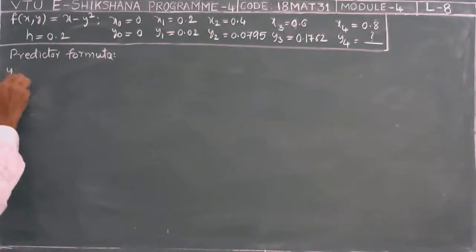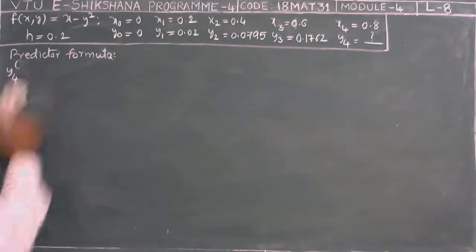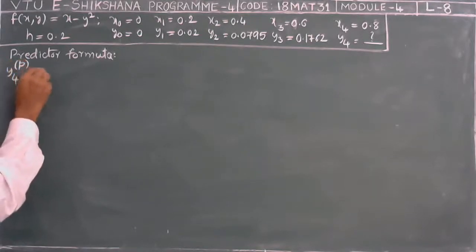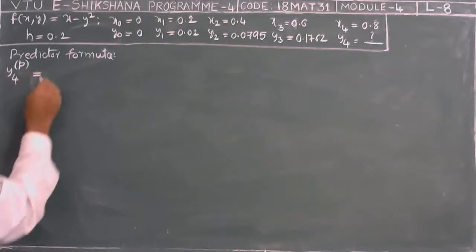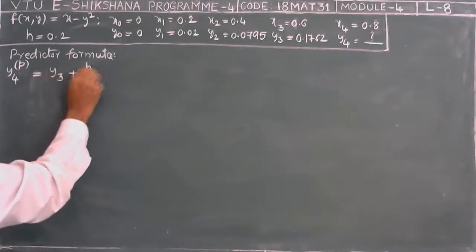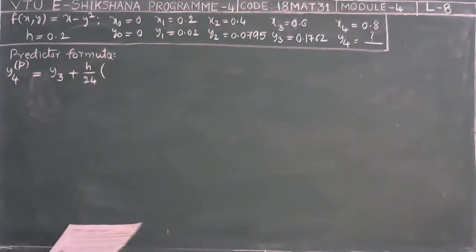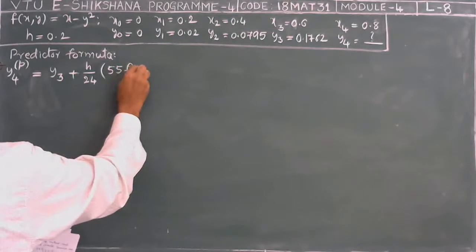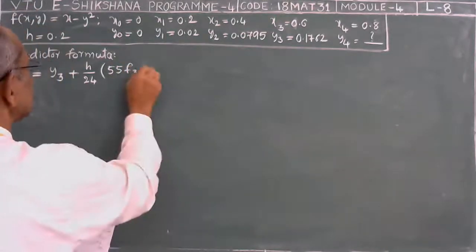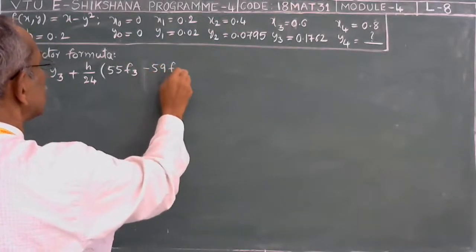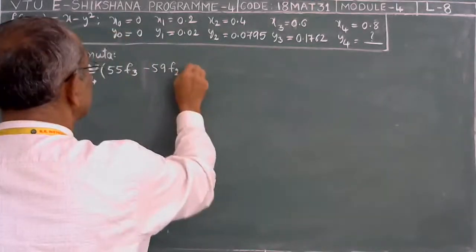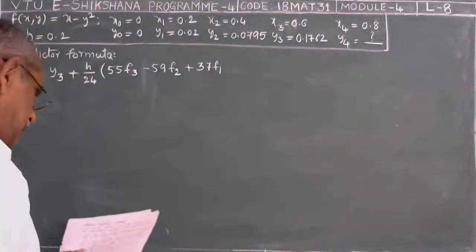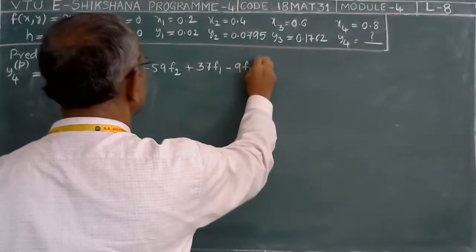What is this? y4p is equal to y3 plus h divided by 24 into 55 times f3 minus 59 f2 plus 37 f1 minus 9 f0.